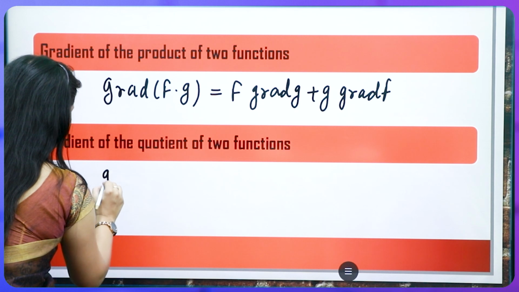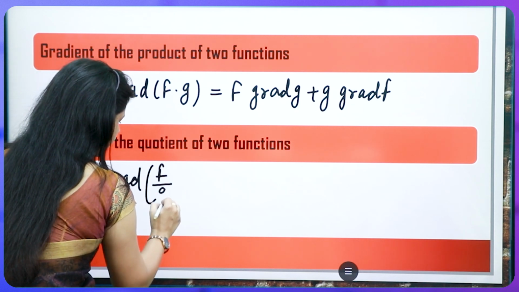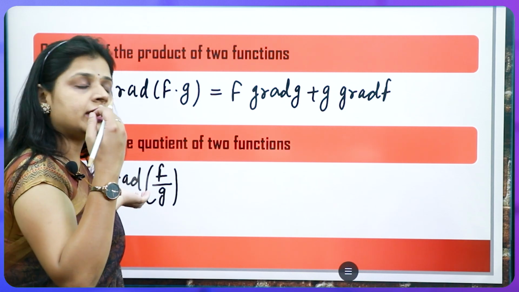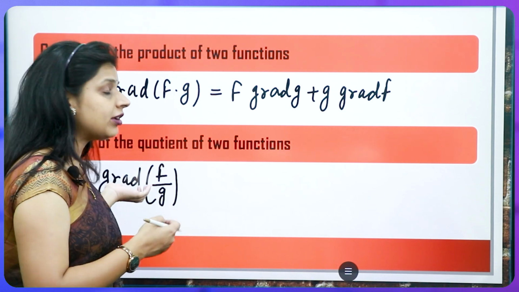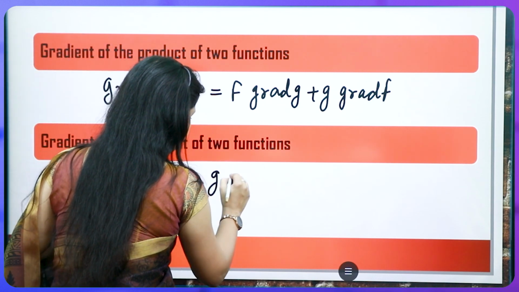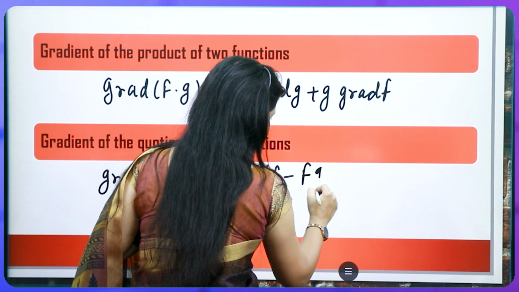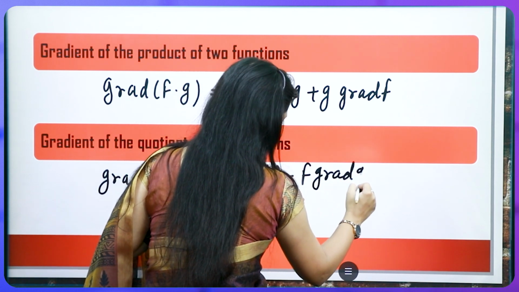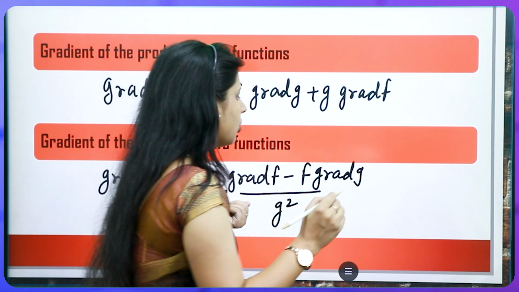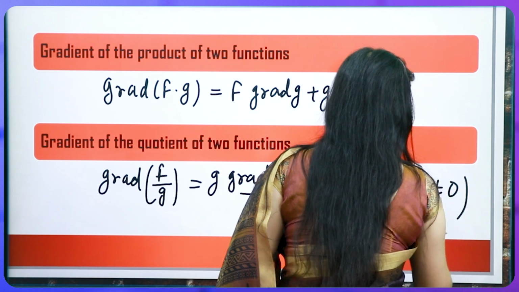Likewise, if we have to find gradient of quotient of two functions, that is grad f by g, it is also in line with the derivative of quotient of the functions, that is this would be g grad f minus f grad g by g square, and this is true only in the case when this function is non-zero.